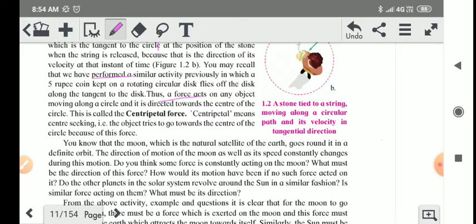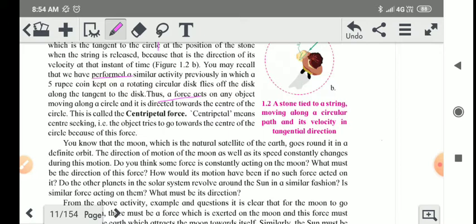This type of force is called centripetal force. Centripetal means center seeking, that is, the object tries to go towards the center of the circle because of this force.